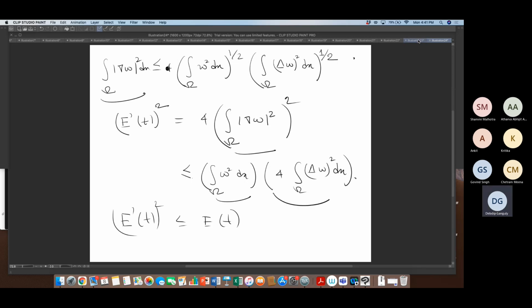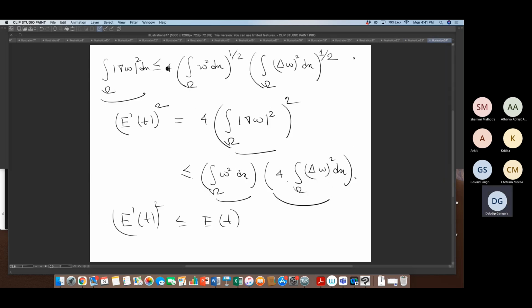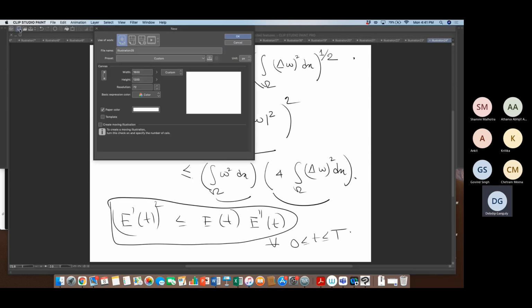Just think here, equation 1. E double prime t is 4 into integral of Laplacian W squared. This is Laplacian. So I have an inequality in E prime t.